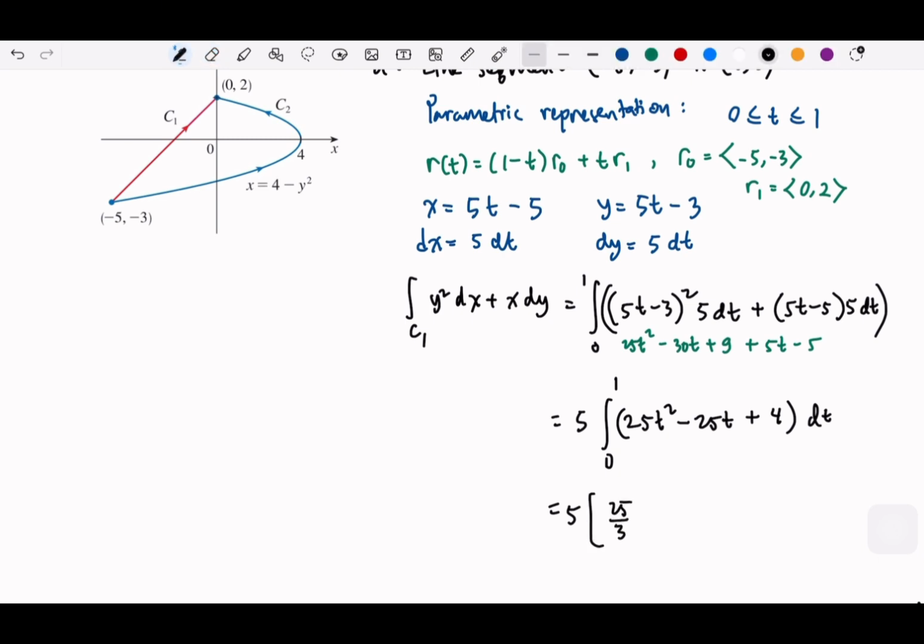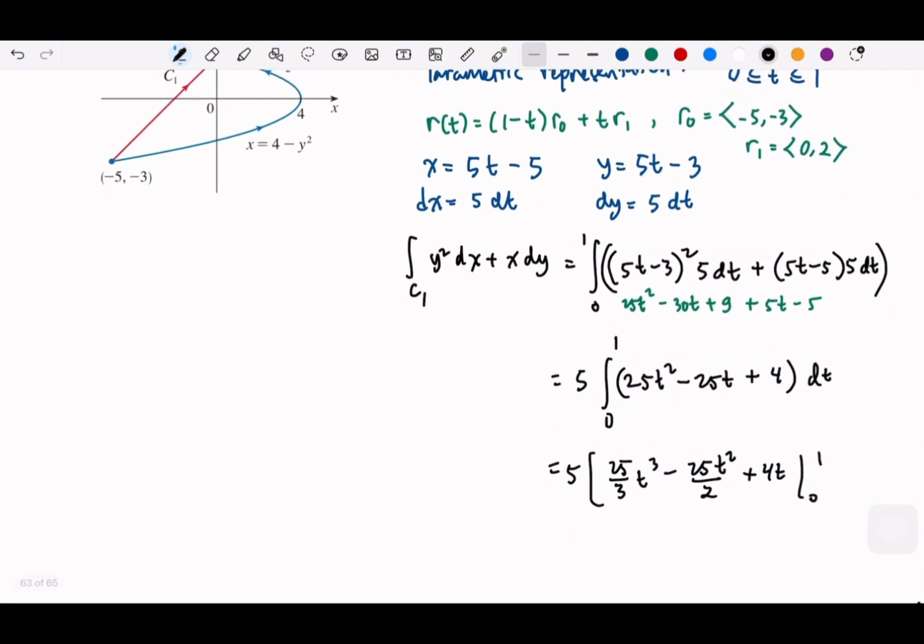This will be 25 over 3 t cubed, and so this will be 50 over 6 minus 75 over 6, so negative 25 over 6, plus negative 24 over 6, so this is negative 1 over 6, so negative 5 over 6. So this is for C1, right?